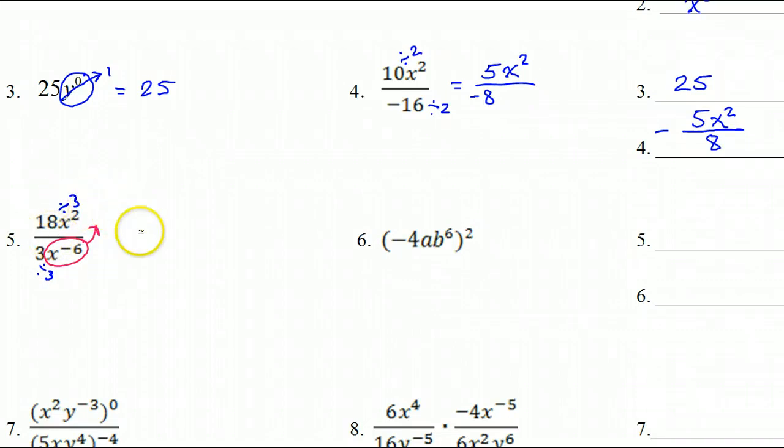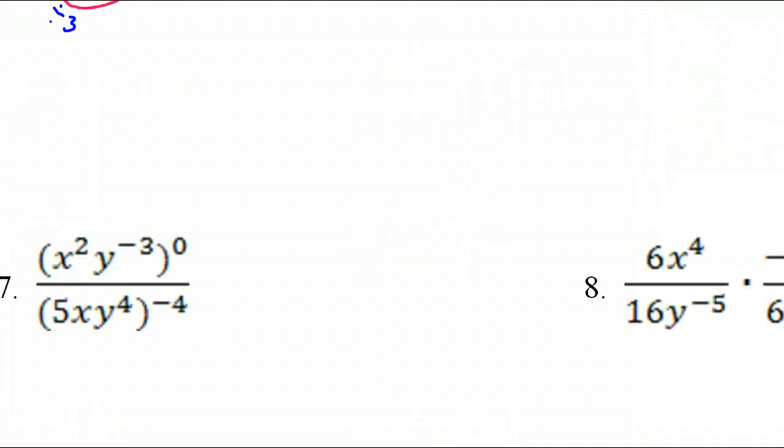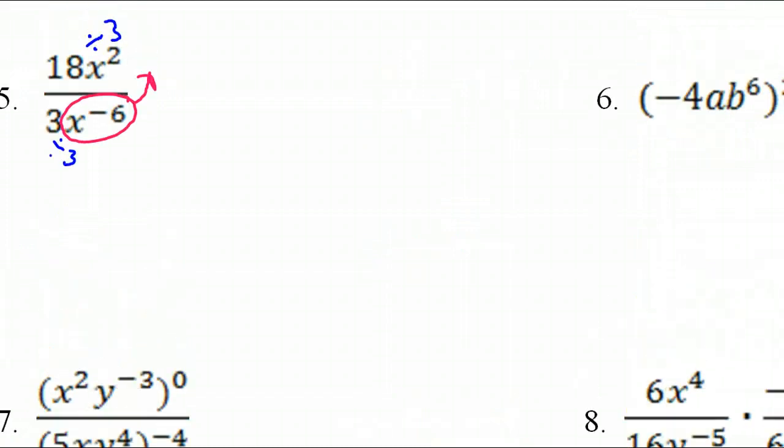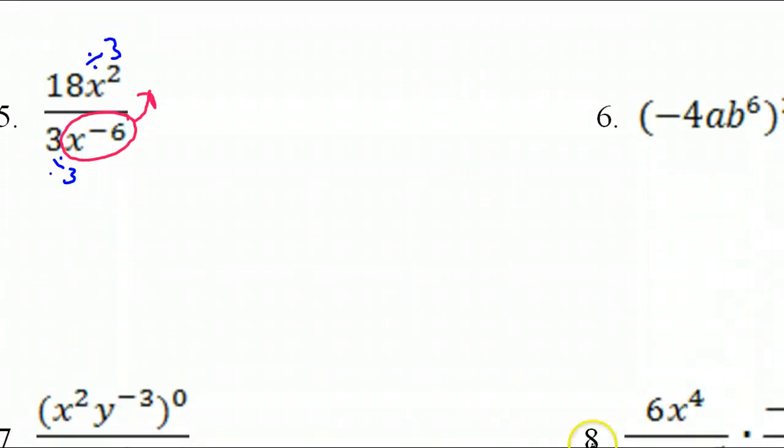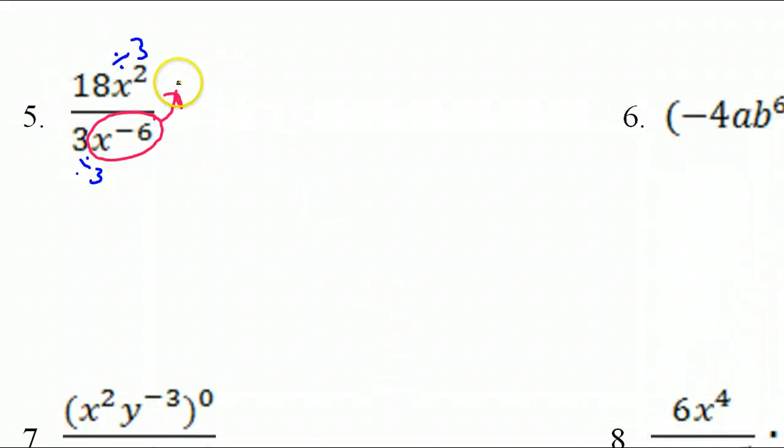I better make this bigger. I was trying to keep everything visible, but it's better to be bigger. So if I divide both of these by 3, then 18 divided by 3, I have 6. 3 divided by 3 is 1.